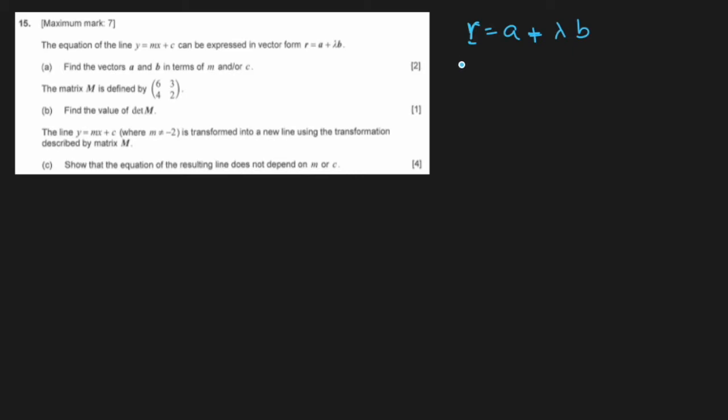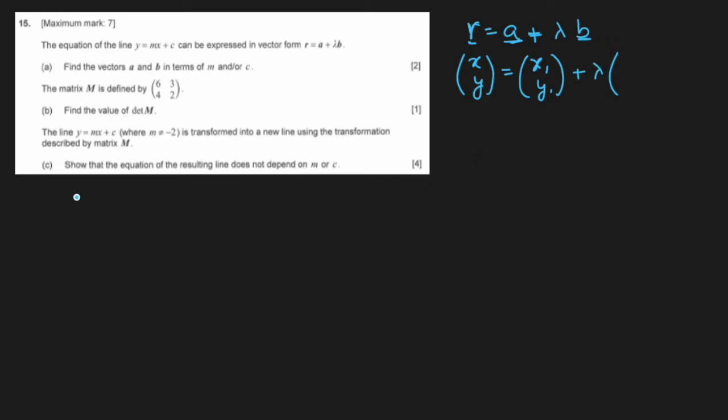R is the general point on the line, right? So starting point A is some starting point whose position vector is x1, y1, right? Then we have lambda, and B is the direction vector.